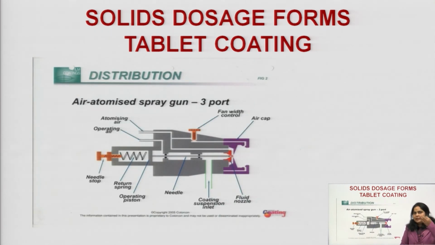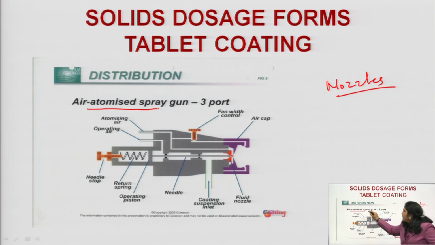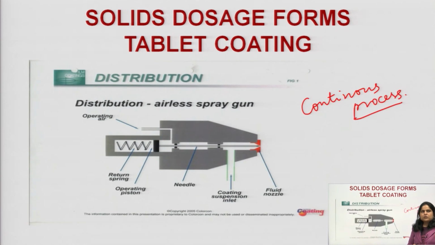Then the next ones are the spray nozzles, which are the most important part of the tablet coating procedure. This one is the airless spray gun. In this we are not using air for atomization; only the coating solution is atomized under its own pressure.